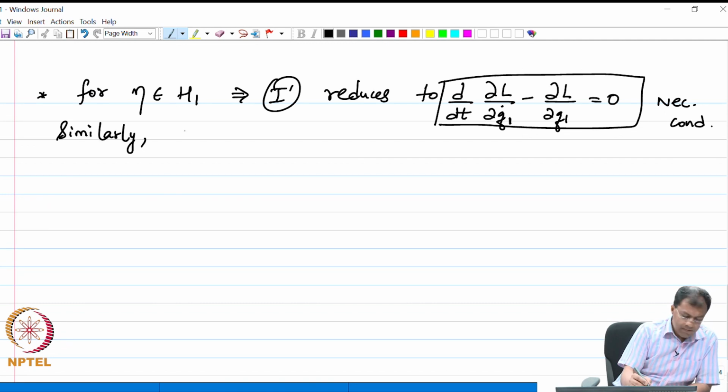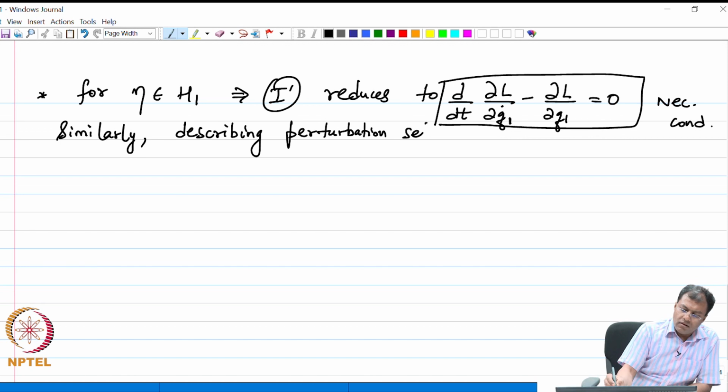So similarly, describing perturbation sets for other components, we can repeat this procedure like we did for the first component for the second, third, and so on, and we are going to get the following set of Euler-Lagrange equations.